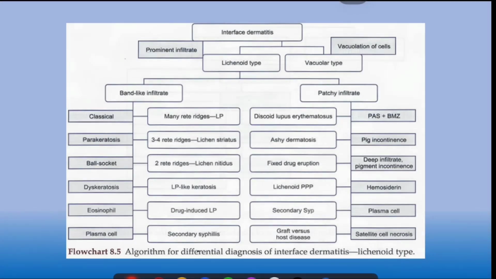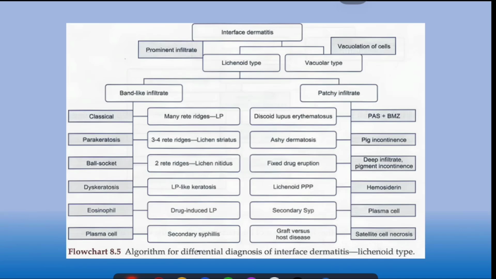So this is a flow chart to differentiate different diseases of lichenoid reaction. First of all, if you identify interface dermatitis, then look for prominent infiltrate and vacuolization of cells. If it is lichenoid type, then see whether the infiltration is band-like or patchy.